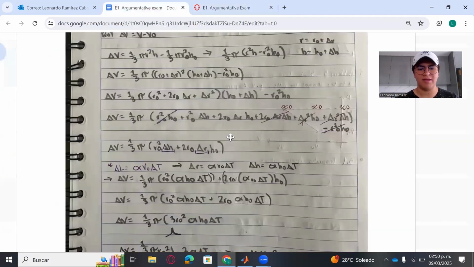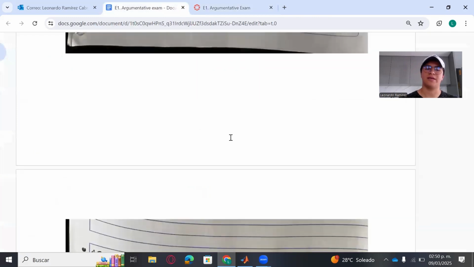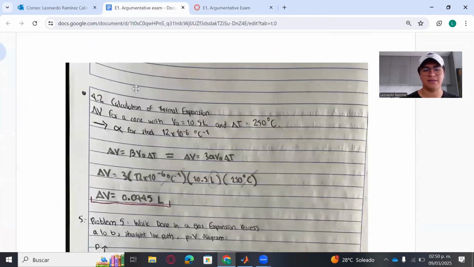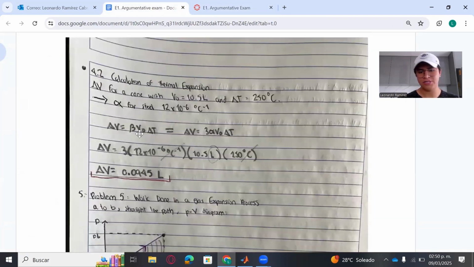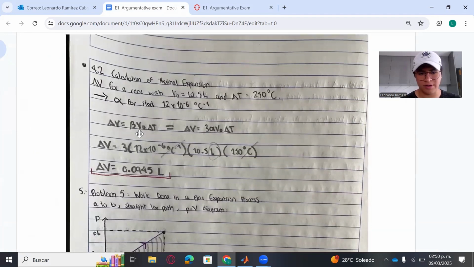So we already derived it, and in order to get values and calculate delta V directly, we just have to substitute values. And that would be pretty much it.